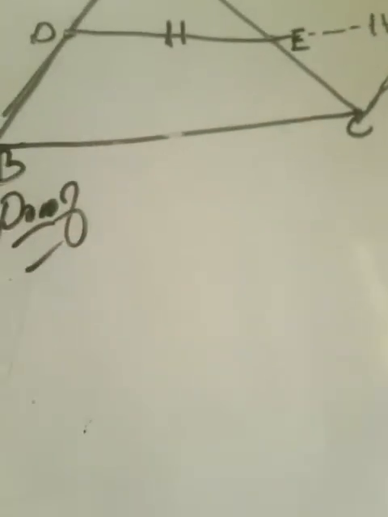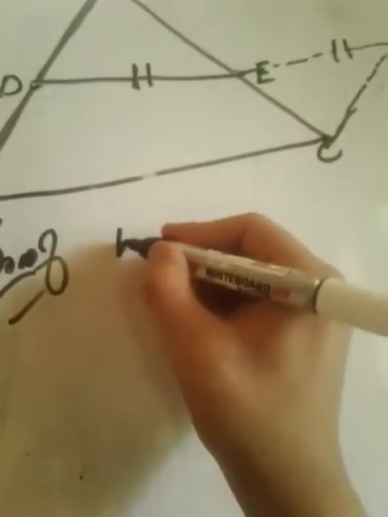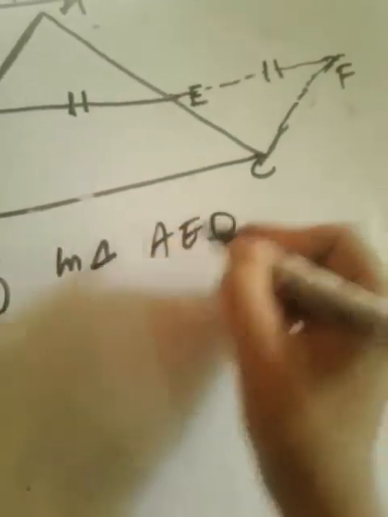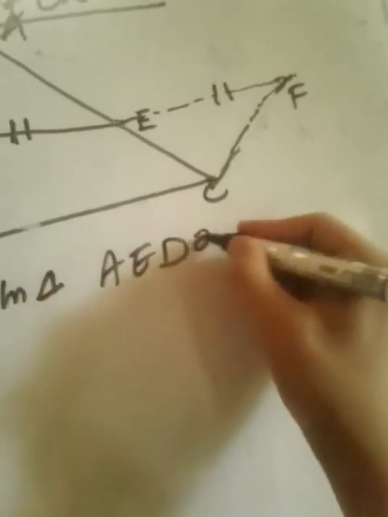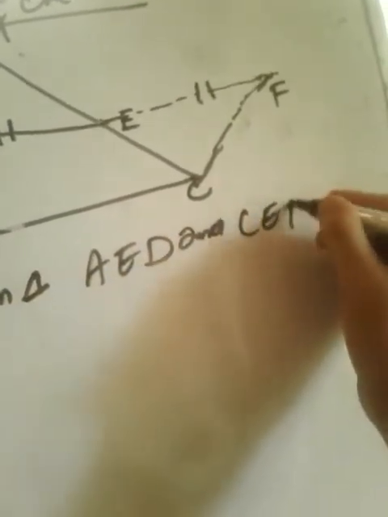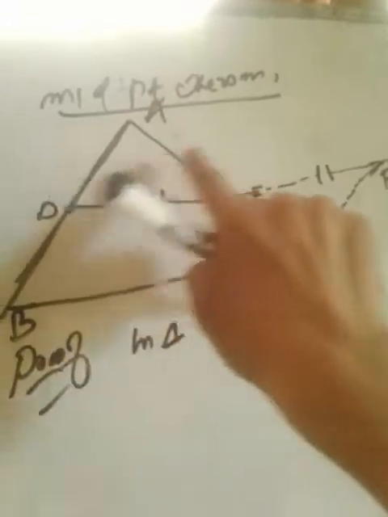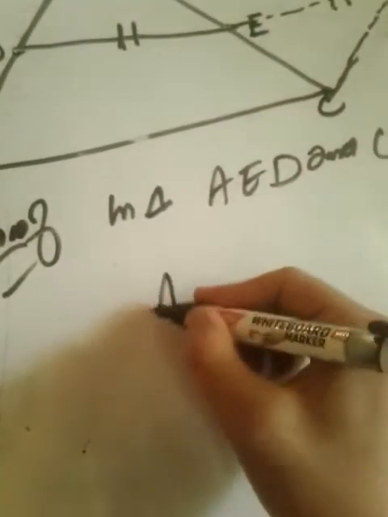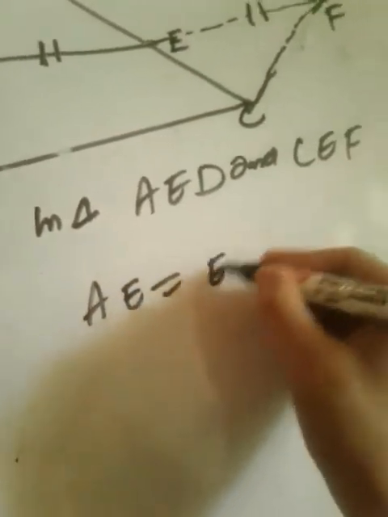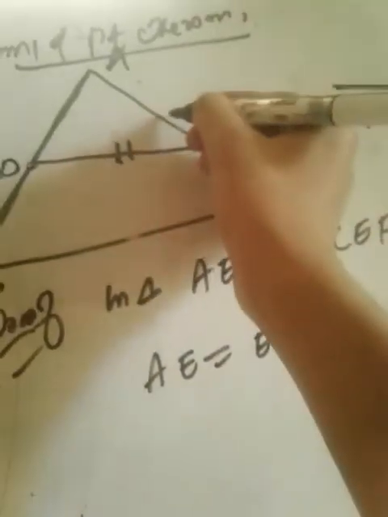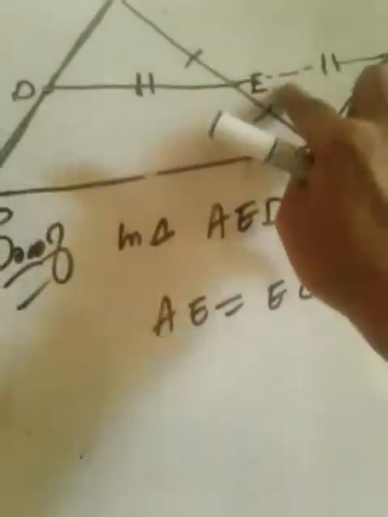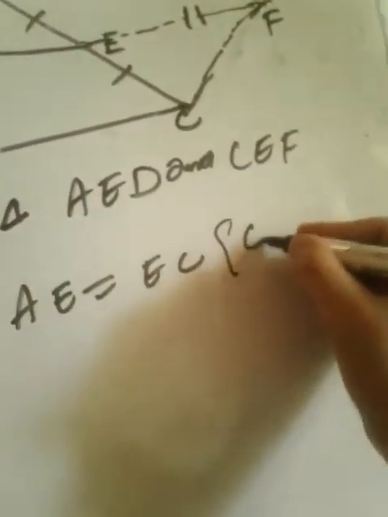In triangles AED and CEF, we will make these two triangles congruent, and it will help us prove this theorem. AE equals EC. Why? Can you tell me why? Because this is given: E is the midpoint of AC. Given.